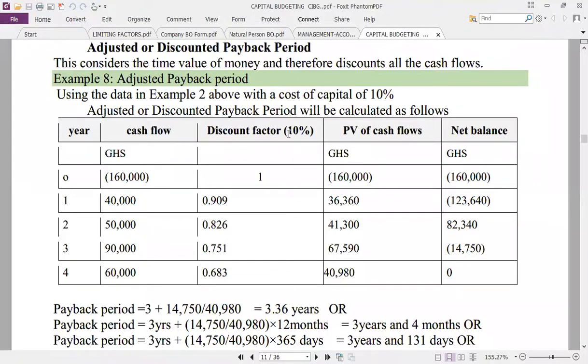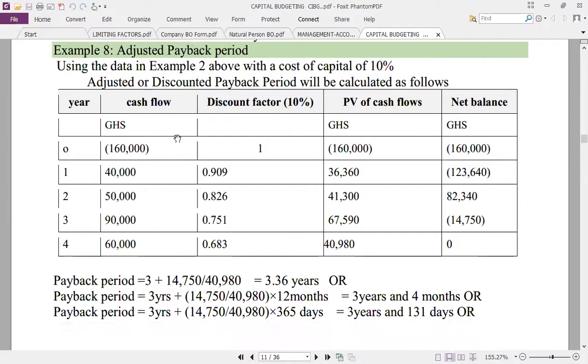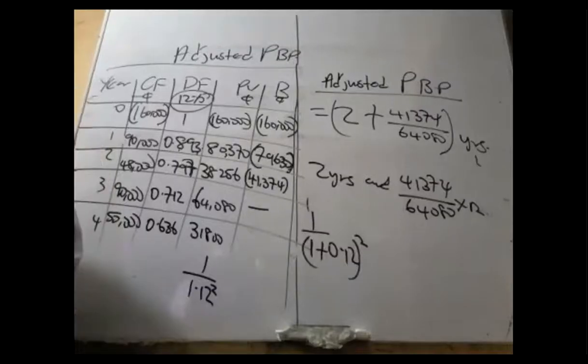But if you use a 10% discount factor, this is how the result will be. We use 12% now, so you realize that it will increase a little by little.